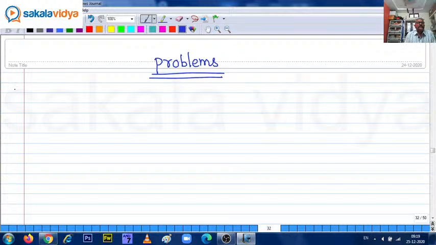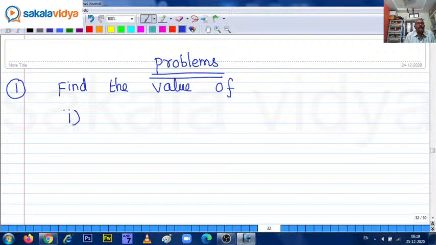Let us do the first problem. Find the value of log 343 to the base 7.